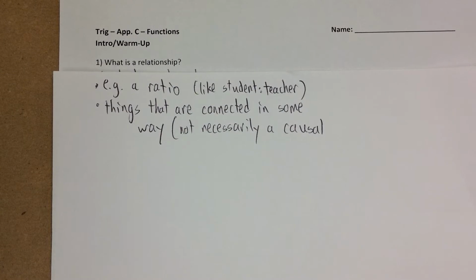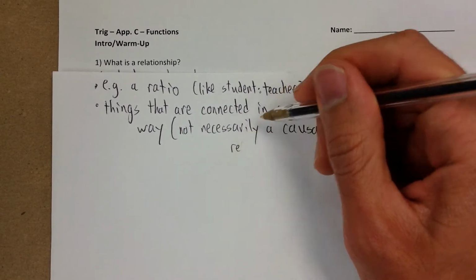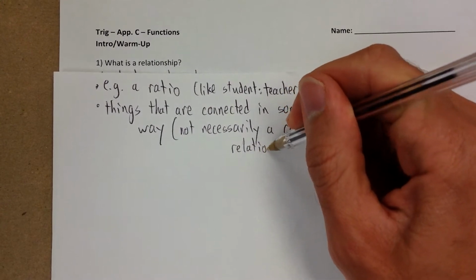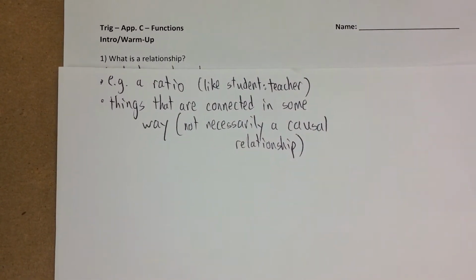It is a word. Not necessarily a causal relationship. It just means there's an association, like if we know one thing, we know the other. All right, any other questions, comments on one?